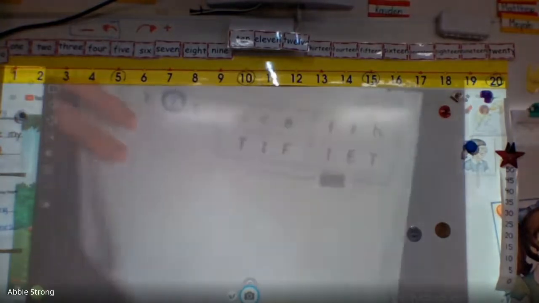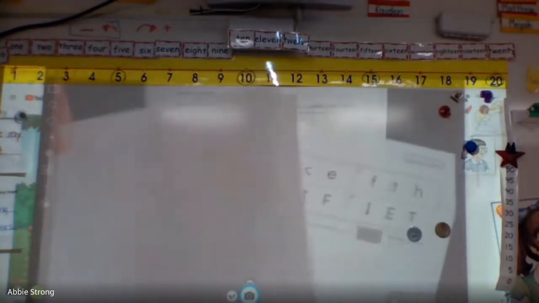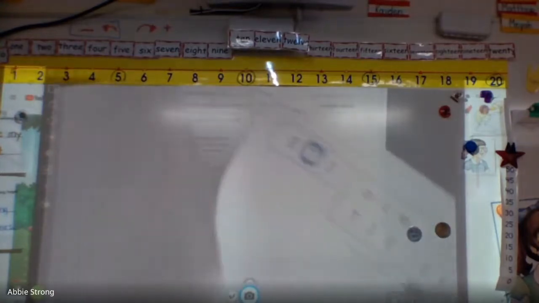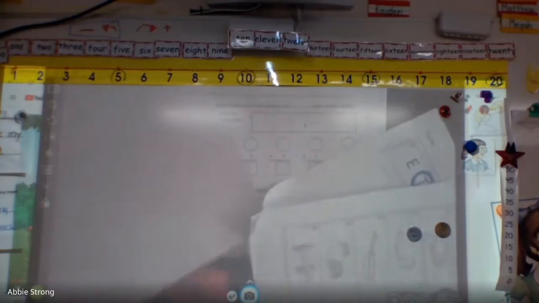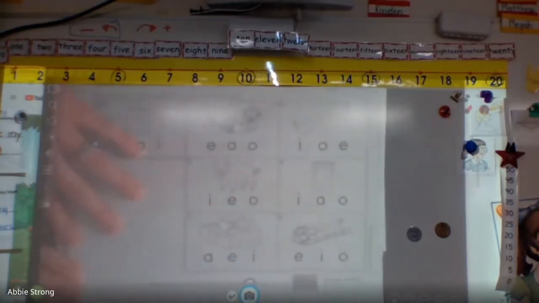All right, we're gonna flip our papers. Here in the classroom, you're going to flip your paper. You're going to be on part 3 now. So you're going to have these pictures on your page.